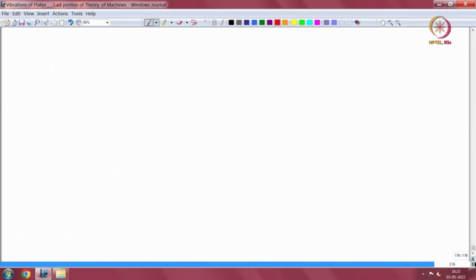Okay, so let us see here. I have my mode set 1, let us call it mode set 1. So I describes the type of motion actually, and the related natural frequencies.